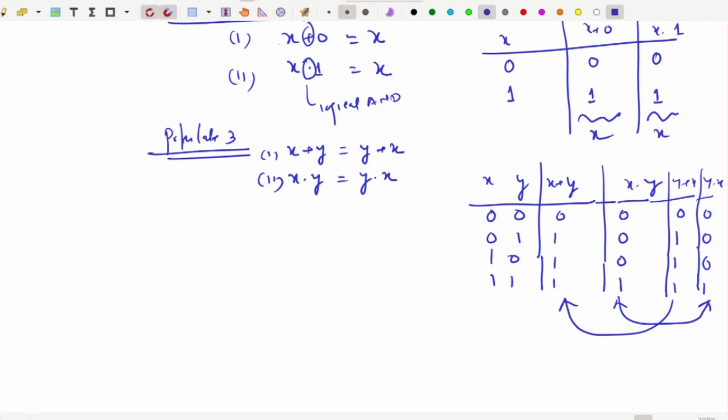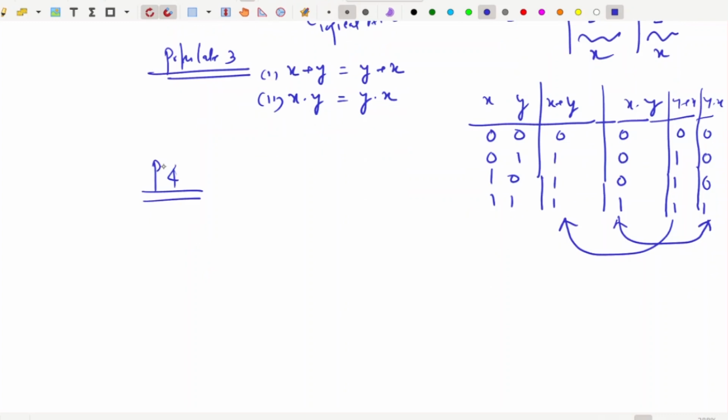Postulate 4 is what? This is the associative law, that is known as postulate 4. First is the associative law for plus, meaning the logical operator OR. Then another one is the associative law for the logical operator AND. This is known as x plus y plus z is the same as x plus y plus z, grouped differently.